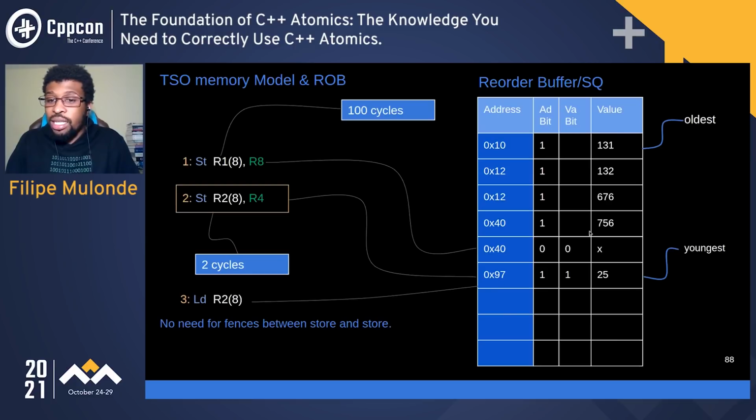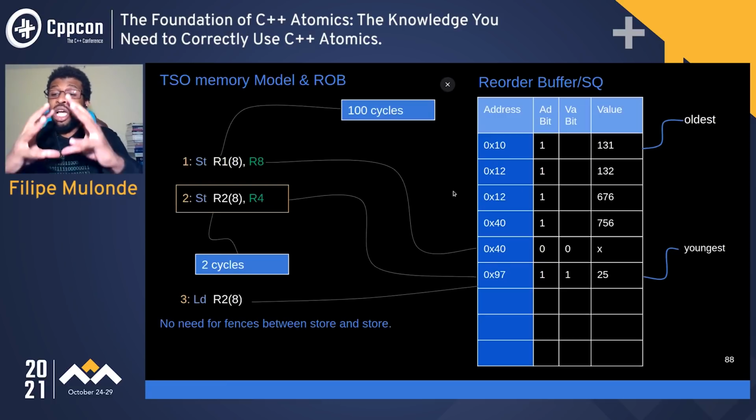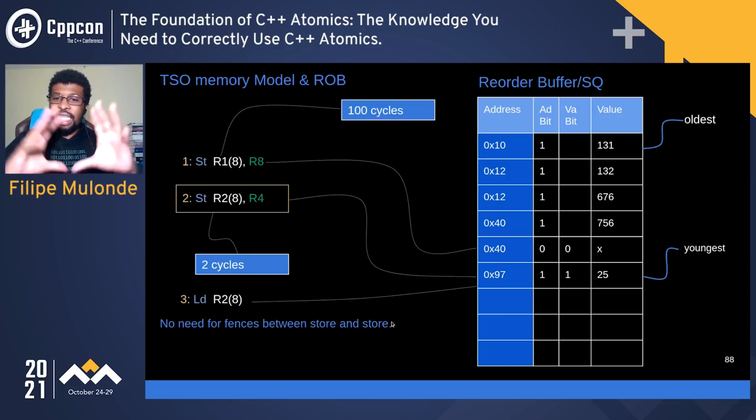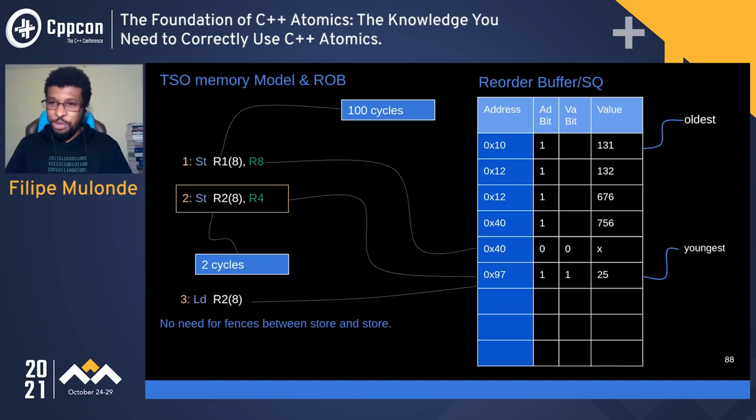An instruction can only update the architecture state when it becomes the oldest instruction. The reorder buffer gives us the guarantee that a subsequent in-program-order store will not update the architecture state before the previous store. This is how this buffer influences the total store memory model.